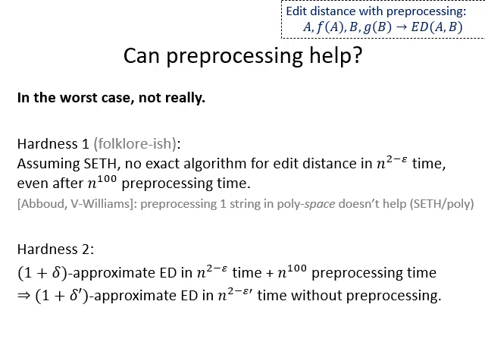Furthermore, we don't know yet whether there is a 1 plus delta approximate algorithm that runs in subquadratic time. But if you had a 1 plus delta approximate algorithm that runs in subquadratic time with arbitrary polynomial preprocessing, then you can get a 1 plus delta approximate distance algorithm that also runs in subquadratic time without any preprocessing.